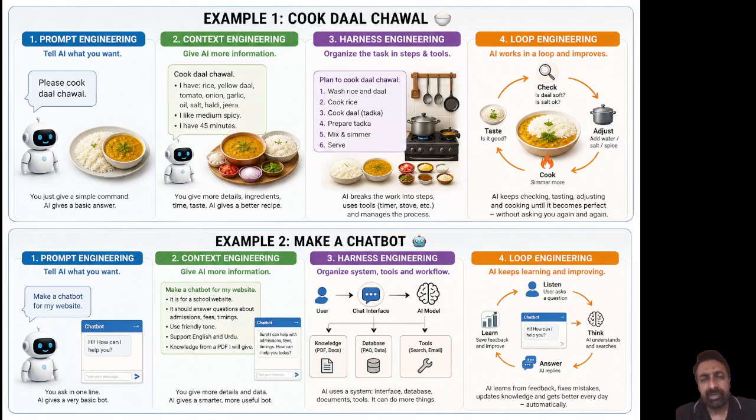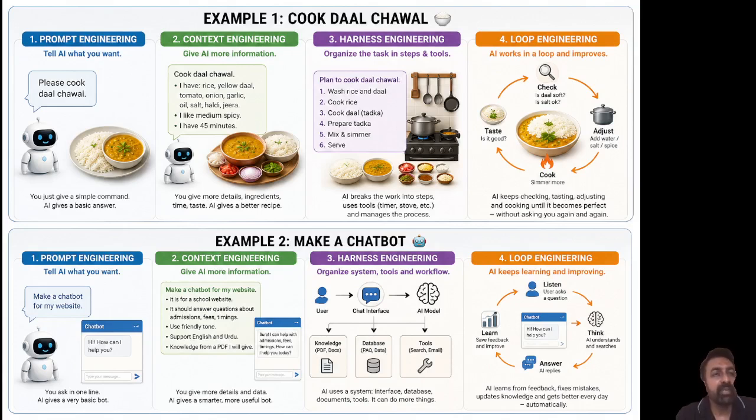Context engineering is simply giving the agent some external knowledge, some additional instructions, and asking it to perform the task based on these external tools or extra knowledge that we have provided.